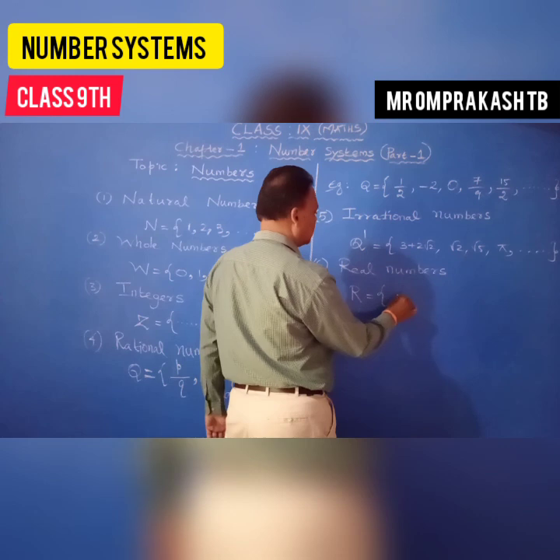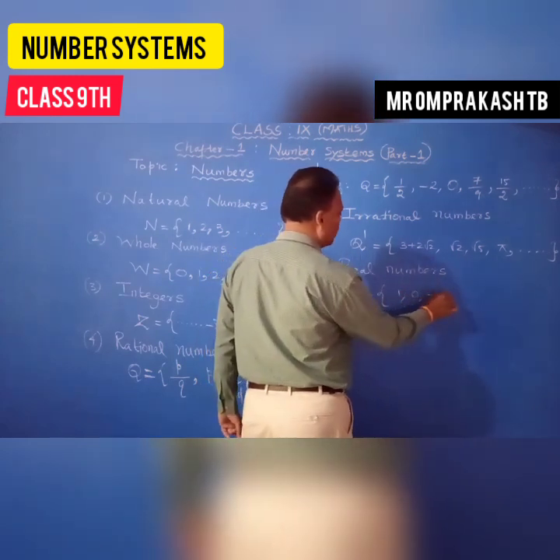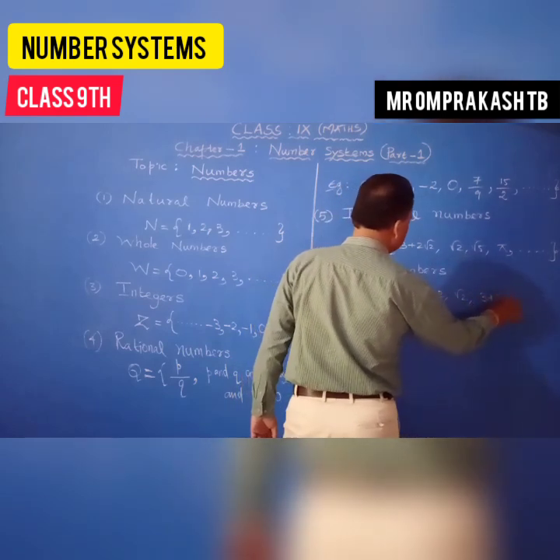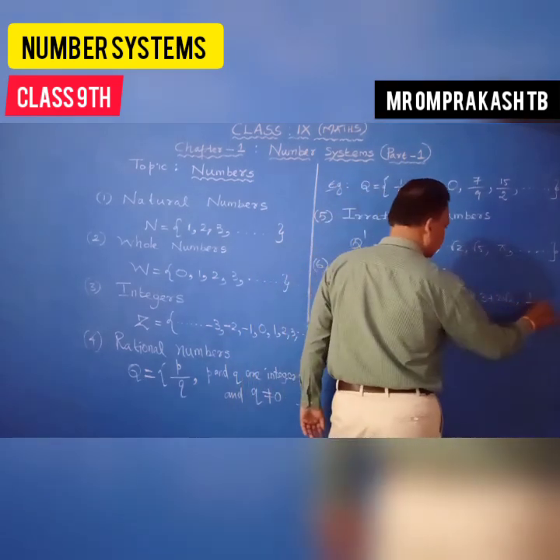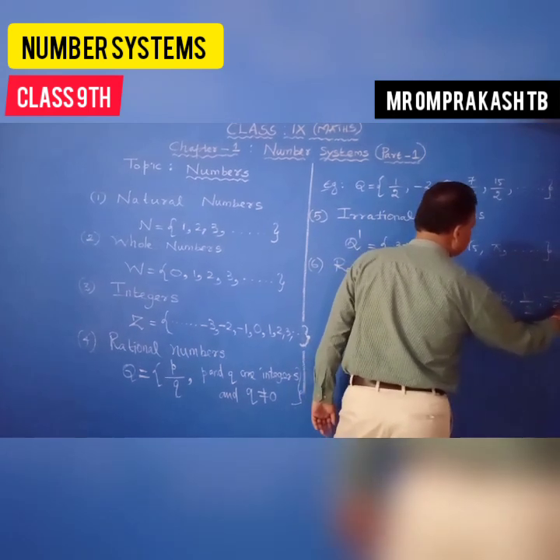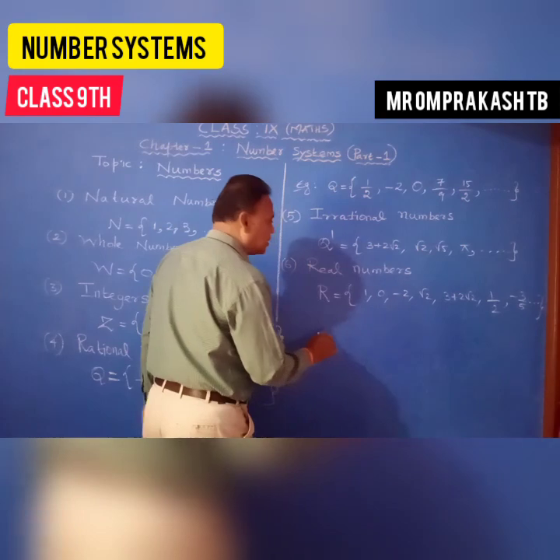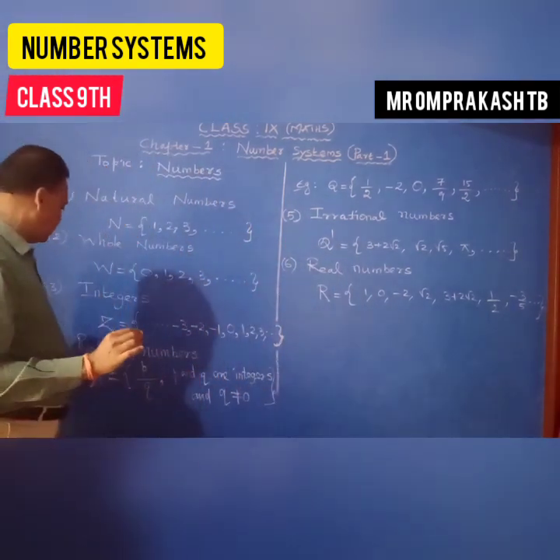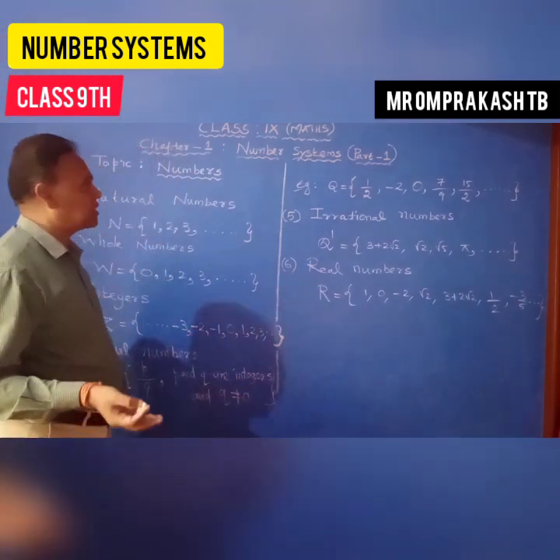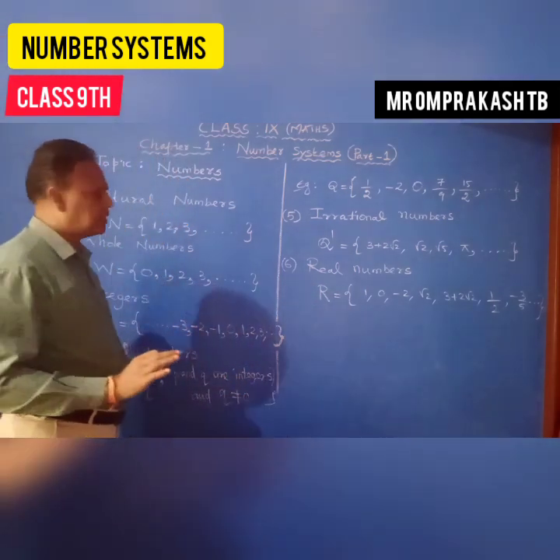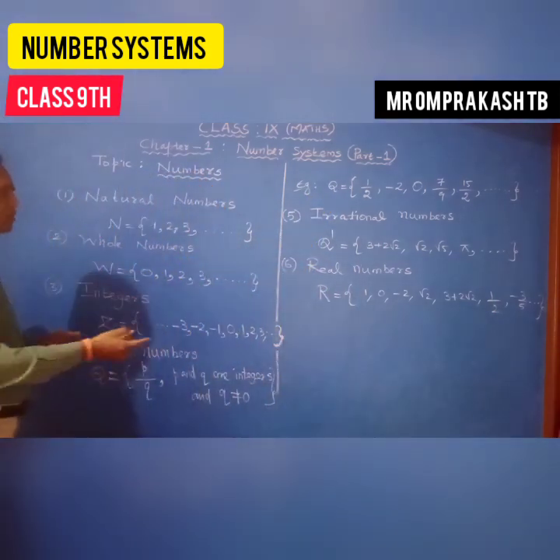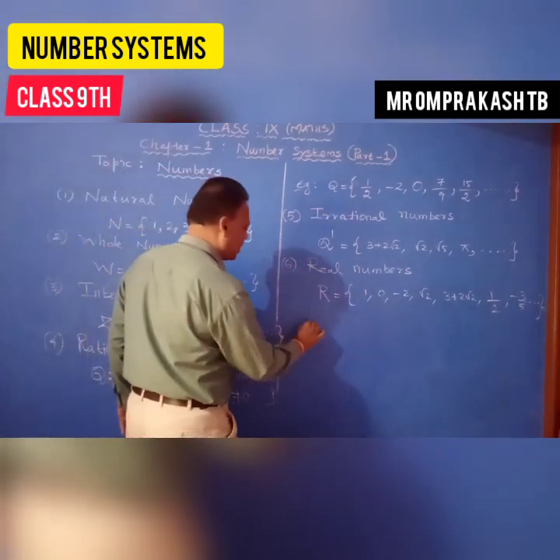That is, you see 1, 0, minus 2, root 2, 3 plus 2 root 2, fractions 1 by 2, minus 3 by 5, etc. So simply we say rational numbers and irrational numbers are called real numbers.